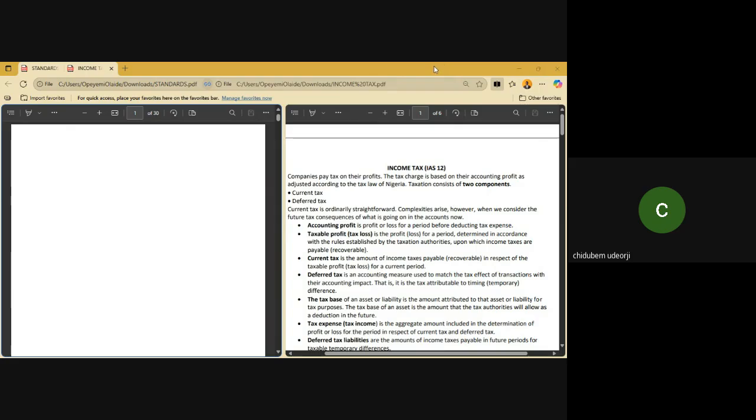Assuming 20x0 is our current year, and we made a profit, and let's say the tax amount we are supposed to pay is 10,000.